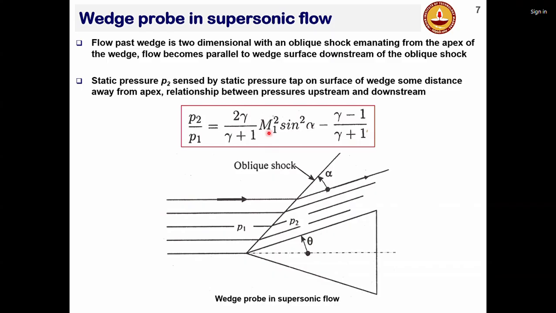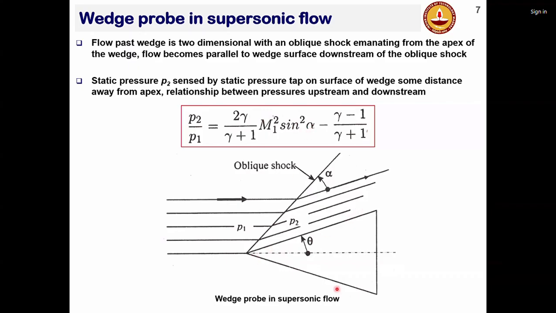Of course it varies, depending on whether you are expecting a Mach number between 1 to 2, or a Mach number of 5. This alpha will slightly vary, but it is typically between 15 to 20 degrees. So alpha has a fixed value for a Mach number. This is known from experiment.